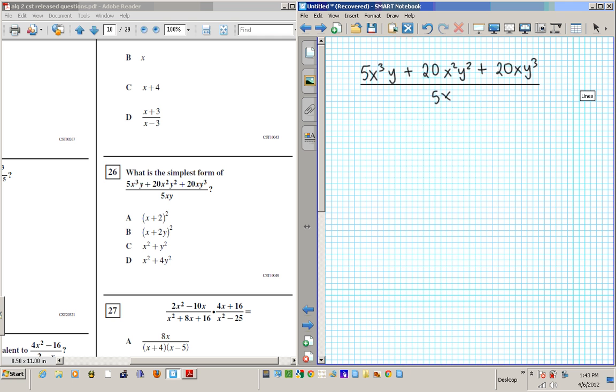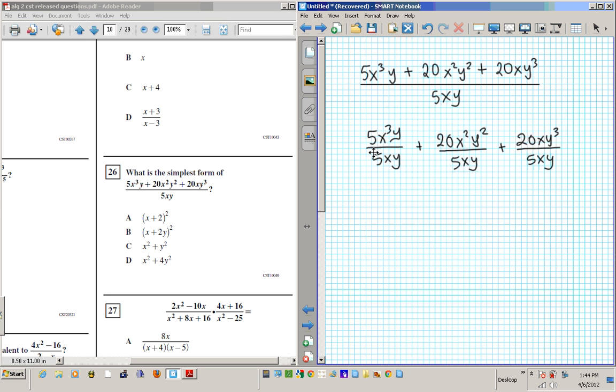Whenever you're dividing by something like this, you can divide every single term by that common denominator. So you're going to have 5x to the third y divided by 5xy, plus 20x squared y squared divided by 5xy, and then you have 20xy to the third divided by 5xy.